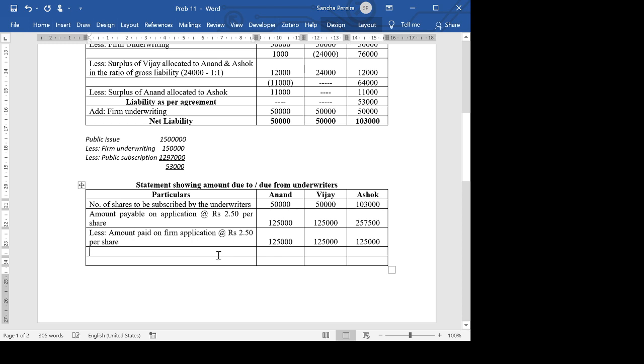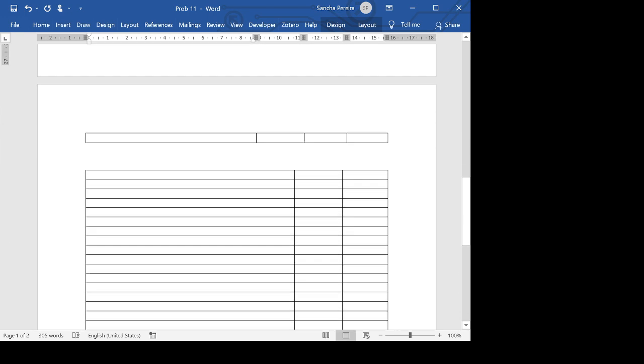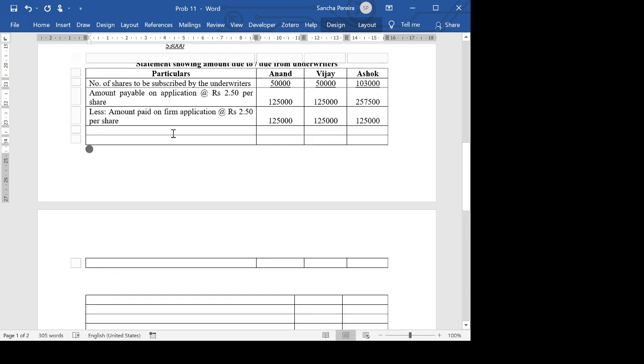And then we say balance payable by underwriters.